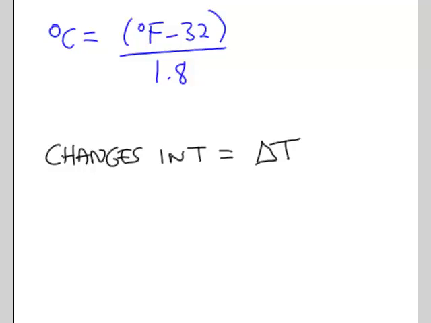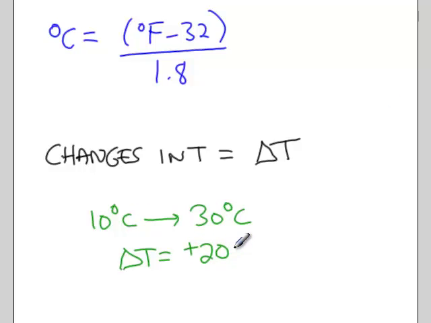Let's say we run a reaction where we start at 10 degrees Celsius, and then at the end of the reaction, we're at 30 degrees Celsius. Delta T is the difference between the two, and the rule is you always have to take the final temperature minus the initial temperature. So the final is 30, the initial is 10, delta T is a positive 20 degrees Celsius.